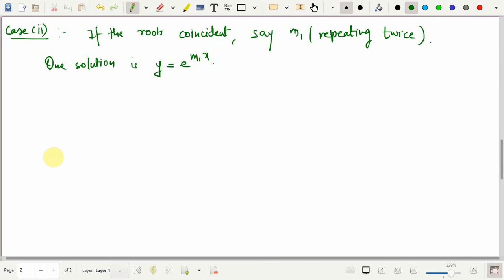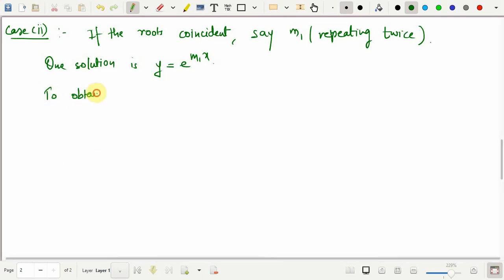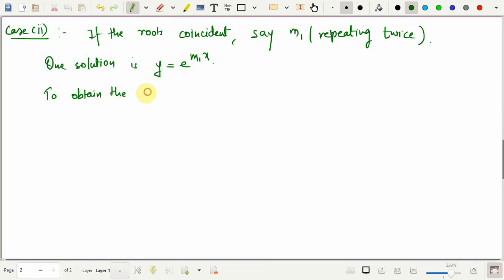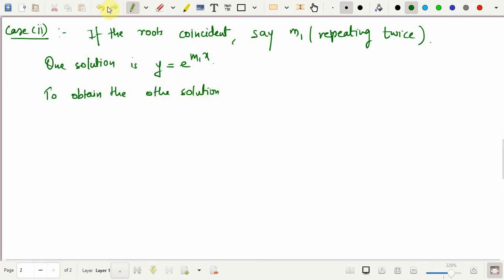Fine. So to obtain the other solution, we use the formula which we have discussed in the last class to obtain the other linearly independent solution of (1).